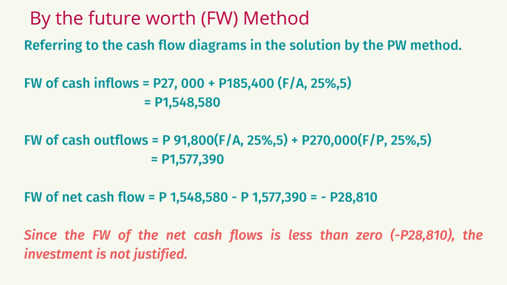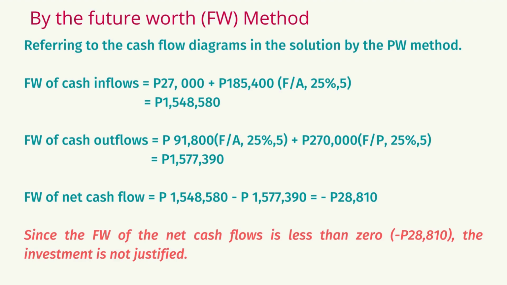Same cash flow diagram as the present worth method, it's just that we get the future worth. So the 27,000 is already in year 5, so just add the 27,000 without multiplying anything.